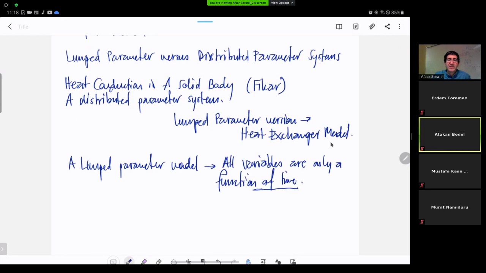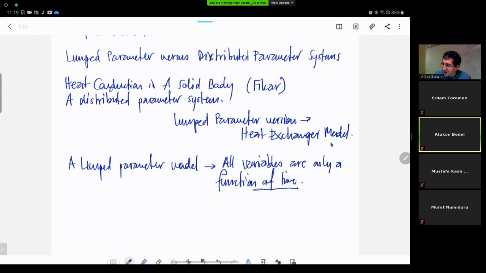So for example, you have a capacitor voltage, it is Vc of t. Okay, we don't have any other variable involved. Okay, it's the capacitor voltage. We are not talking about the voltage across different regions of the capacitor. If we talk about the voltage of a resistor or the current through a resistor, we are not talking about the current through different locations, different parts of the resistor. It's only the resistor current, and it's a function of time.